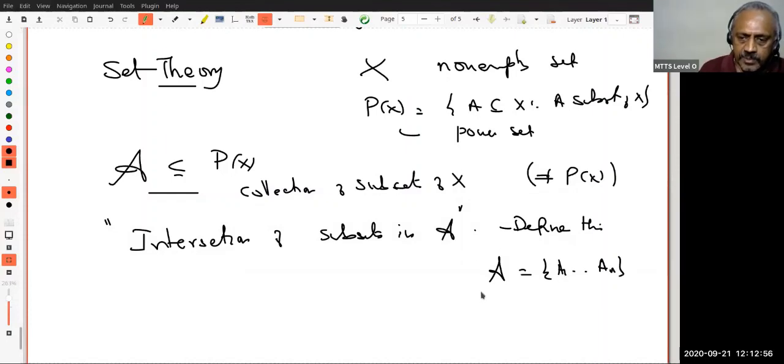The intersection of subsets will be A1 intersection A2 intersection up to An. I want to generalize it for any family. It may be an infinite family, that is, the collection may be an infinite collection.